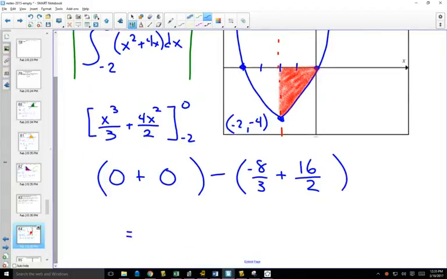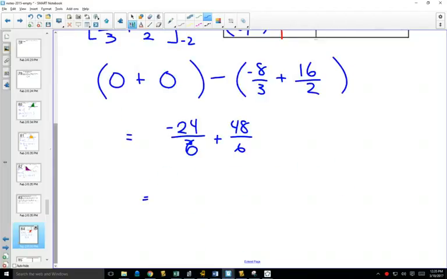If I do this, get a common denominator here over 6. This is going to be -24 plus 48, right? -24 over 6 plus 48 over 6, which is going to equal, still have a minus sign out in front, -24 over 6 or -4.